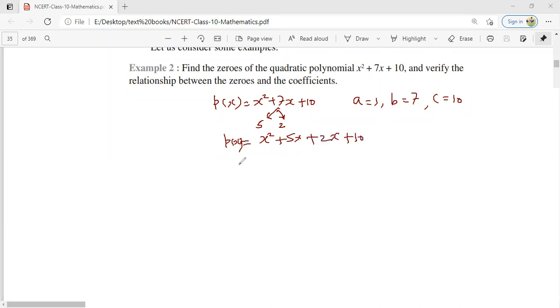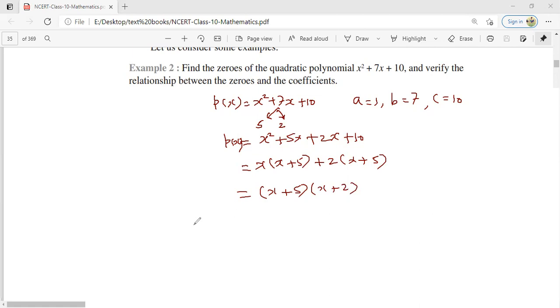Then x is common, x plus 5, and from these two terms 2 is common, so x plus 5. x plus 5 is common, so we get x plus 5 into x plus 2. These are the factors of the given polynomial.